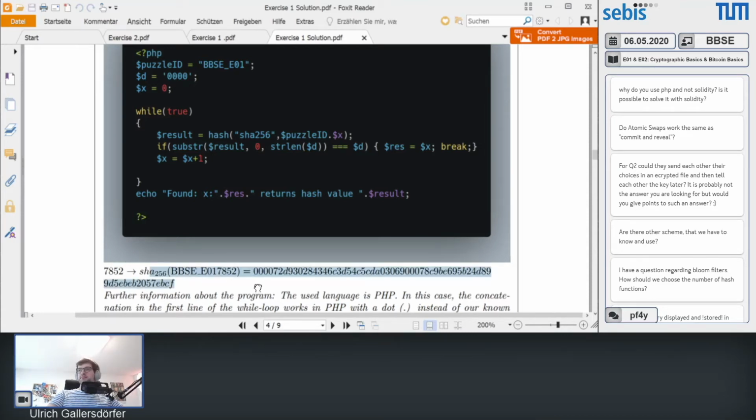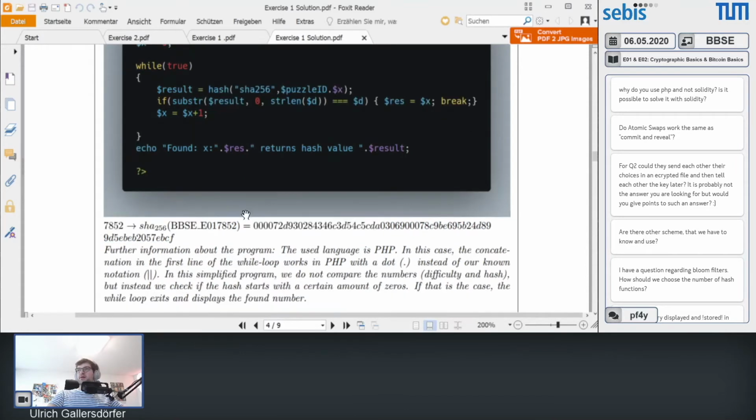Further information about this program: this is how PHP allows you to concatenate numbers and stuff like that. The puzzle ID with X is concatenated just by a dot. In JavaScript, for example, you would use a plus. But that's totally up to your programming language.